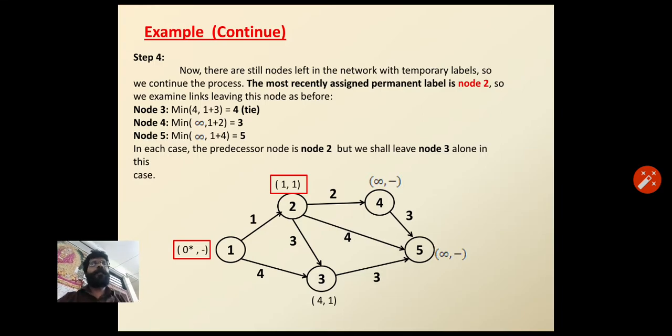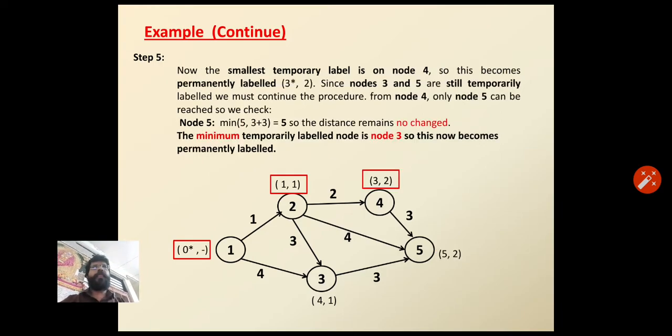Next, now the smallest temporary label is on node 4. We can see that we calculated the minimum value of all 3 nodes. Then after we select the minimum value of all 3 nodes.